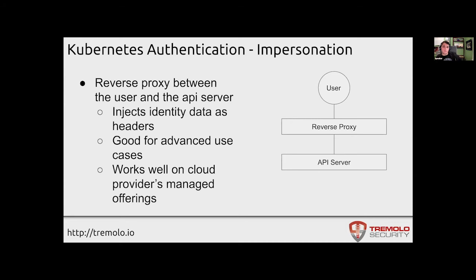One of which is if you are running a cluster in the cloud or a managed cluster where you don't have access to those API server flags, you can use impersonation to use OpenID Connect with those clusters. Now, you might say, well, the cloud providers all provide some kind of token. Why not just use that token? You might, right? I mean, that's not necessarily a bad thing.